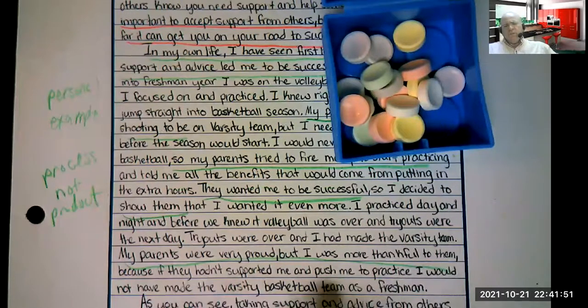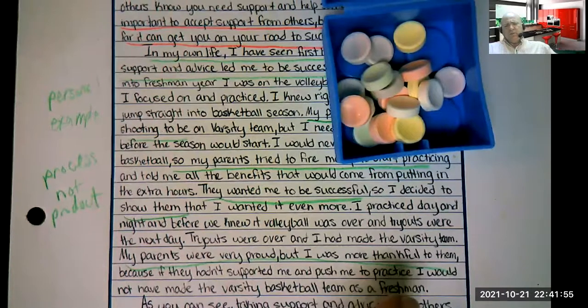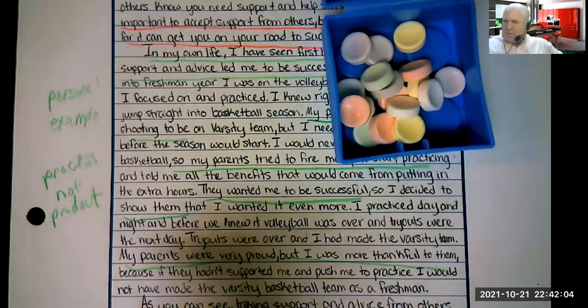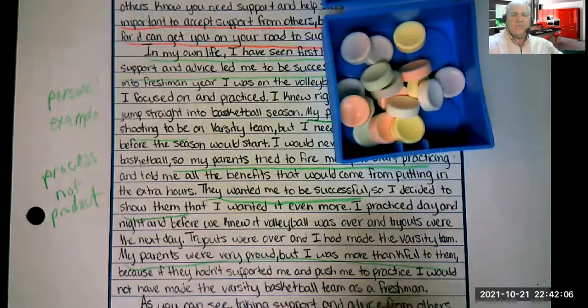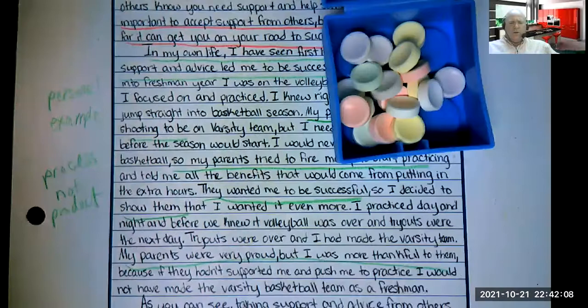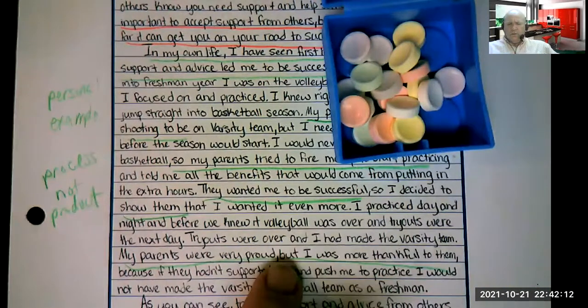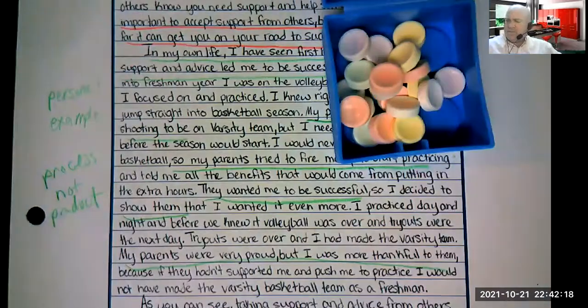So the reason they're saying the freshman part is most of the time you just get to be junior varsity as a freshman and often even as a sophomore. So even all that is one sentence. I'm going to give 1 for the sentence, 1 for the coordinating conjunction, and the because statement at the end.